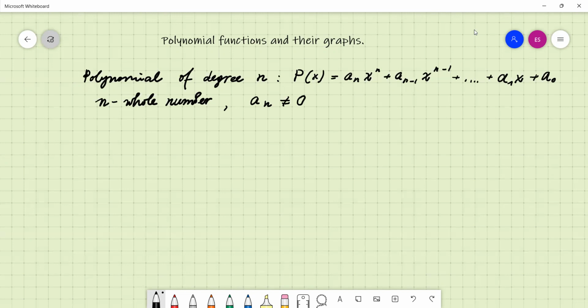Okay, what about the other numbers like an minus 1, an minus 2, and a1 eventually, and a0? Well, they're just coefficients. In our case, they're going to be real numbers. A0 is going to be called a constant term.